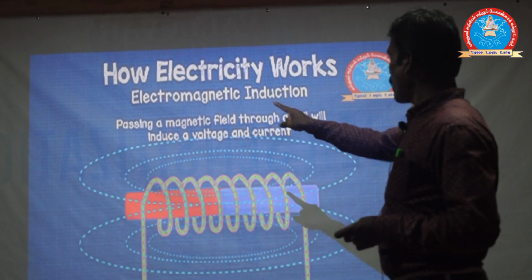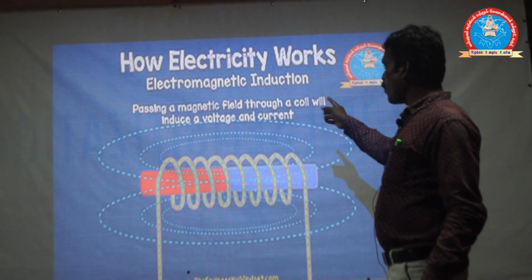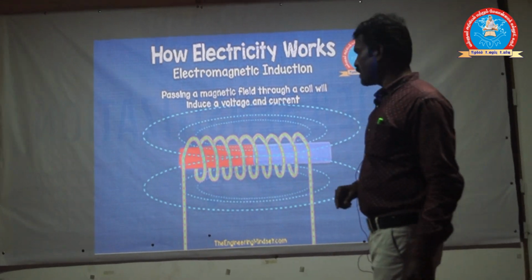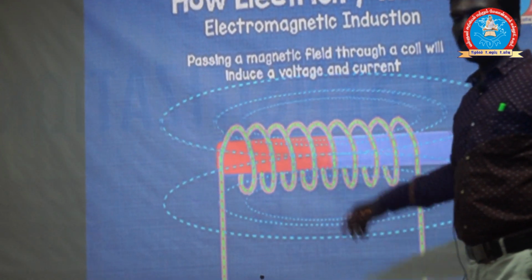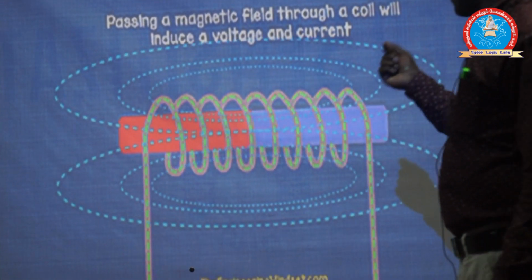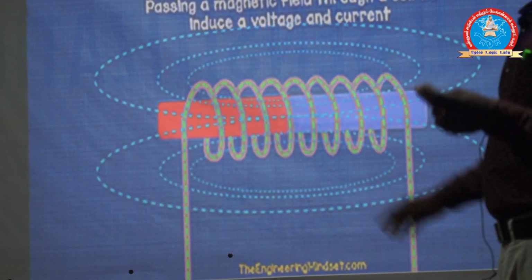Electromagnetic induction: passing a magnetic field through a coil will induce a voltage and current. This is the magnet, and in the green color is the coil. In the middle of the coil the magnet will be moved.